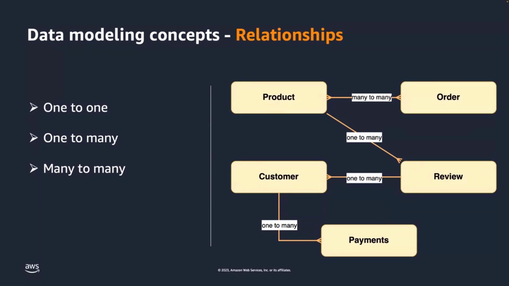But we can also have many-to-many, like the one between product and orders. Understanding the relations between the entities is very important for document database schema design, as this is one of the most important pieces of information for choosing between a normalized model and a denormalized model.